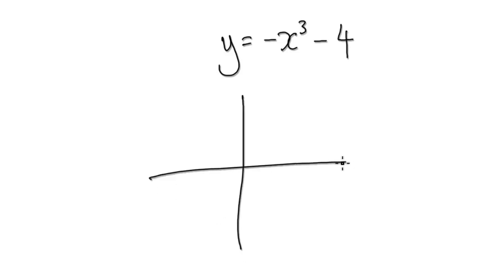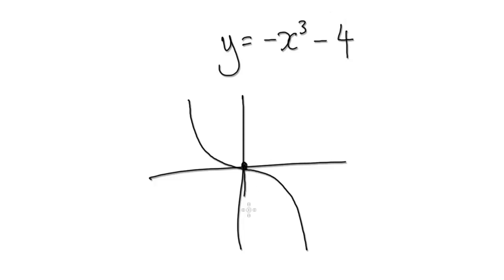So next one, y equals negative x to the power 3 take away 4. So press pause and have a go. Okay, so to do this, picture negative x to the power 3, which will look something like this. And then you've got to drag everything down by 4.